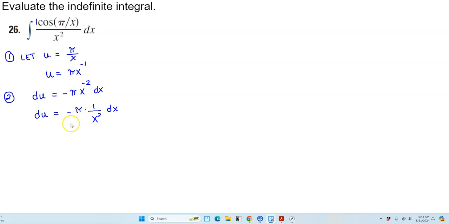So we need to divide both sides by negative pi. Then we end up with negative 1 over pi du, and that's going to equal 1 over x squared dx.